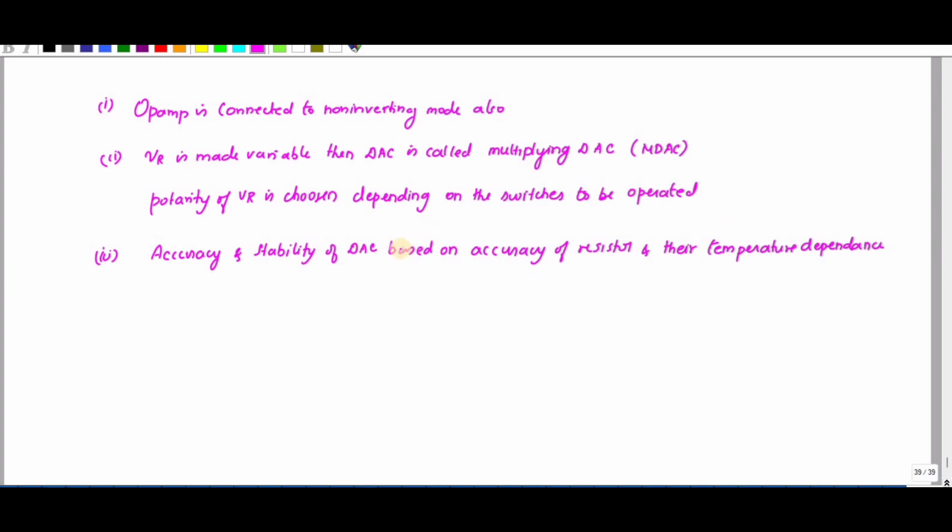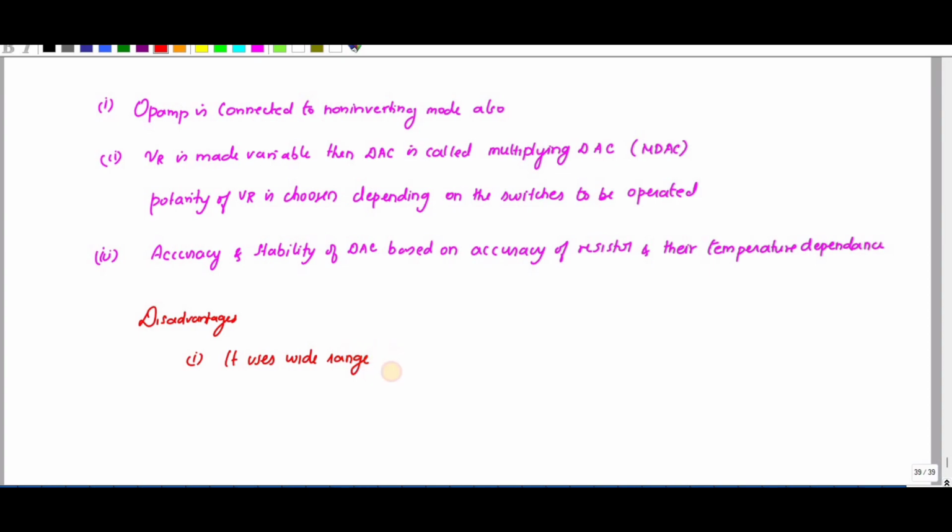Okay, because we are using resistance from 2R to 2 power n R, right? So basically it is very difficult to manufacture such type of resistor, and it is very difficult to fabricate the resistor using the monolithic process.